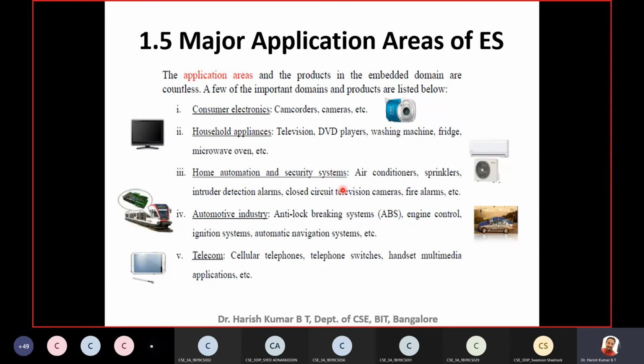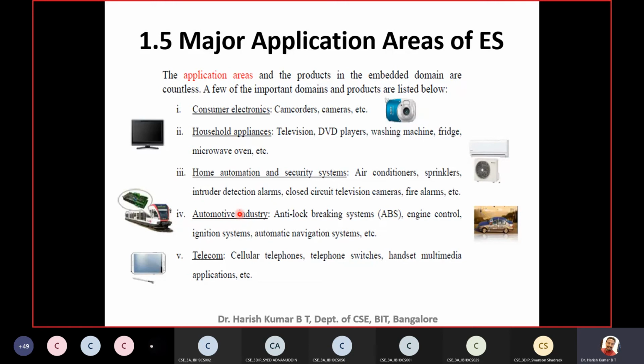All these are again embedded systems. All these devices are made smarter, so even when you're not there, they are capable of managing on their own and give you an appropriate alert message.